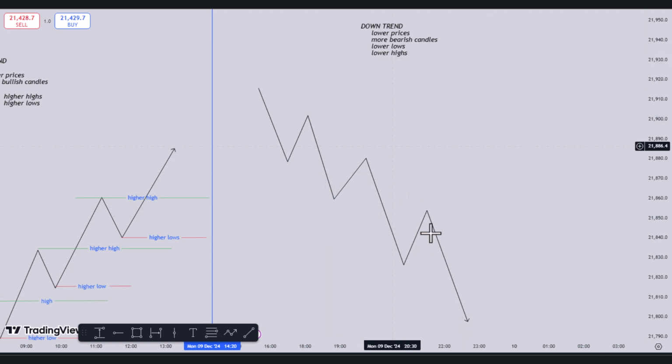So we keep chasing lower prices. That's one characteristic of the downtrend. Then of course we expect to see more bearish candles. Then we want to see lower lows created and lower highs. You understand? Hope it makes sense.